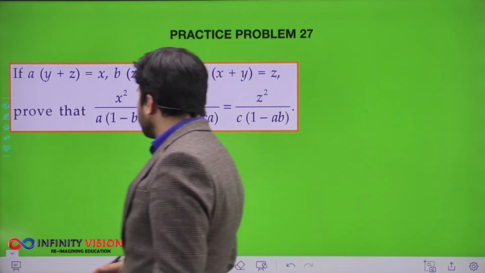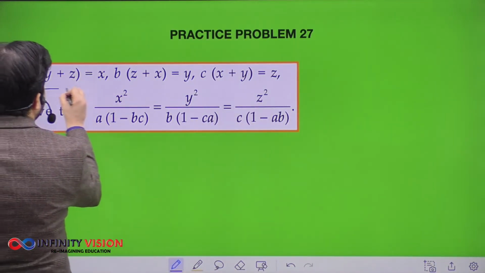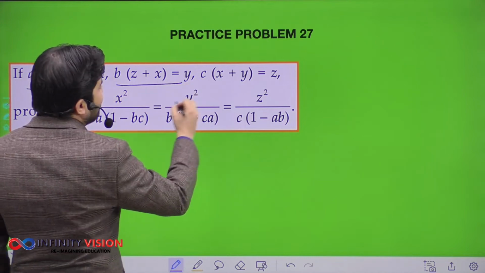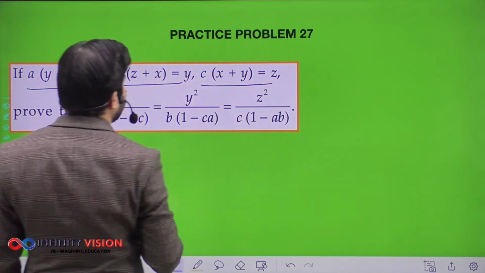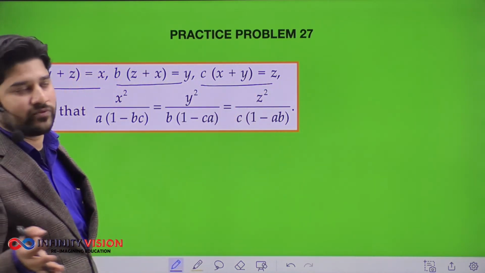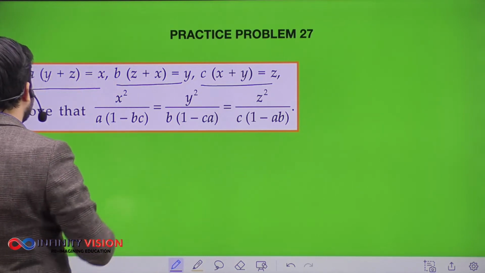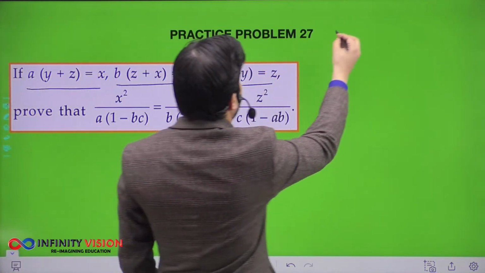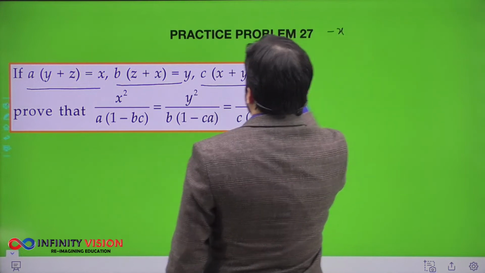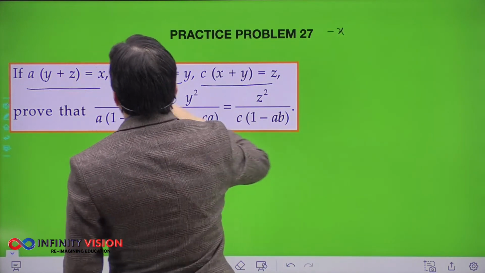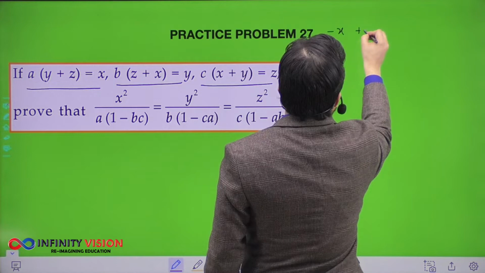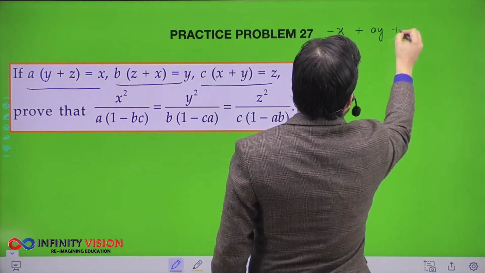For that, what you are going to do? You are going to see that, okay, first I am going to write these 3 linear equations in a right order, means the first term as x, the second term as y, and the third term as z. So this whole thing would become minus x, because x would be gone to the left, minus x plus ay plus az.